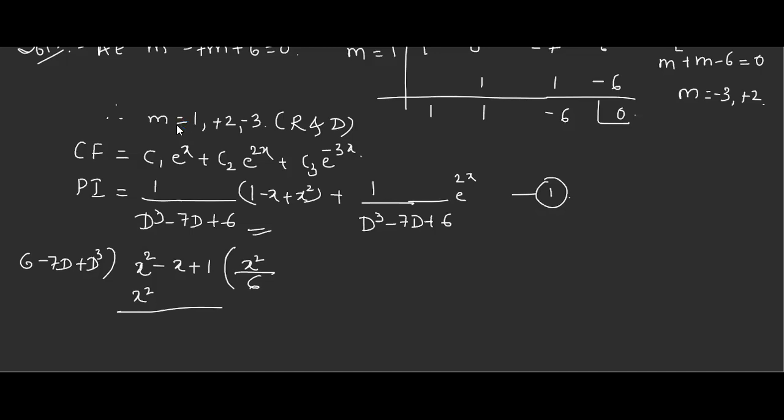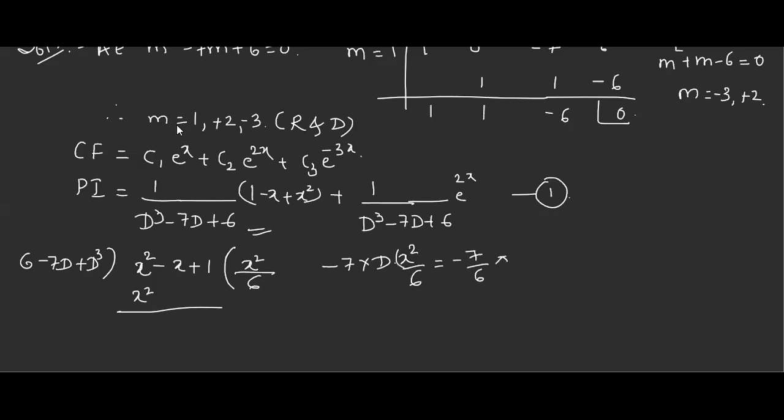Take x square by 6 and operate on all three terms of the divisor. x square by 6 into 6 is x square. Next, minus 7 operating on 7d: d operating on the same quotient, x square by 6. So minus 7 by 6 comes out.